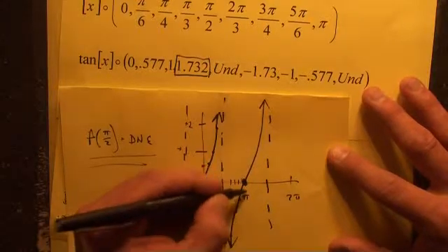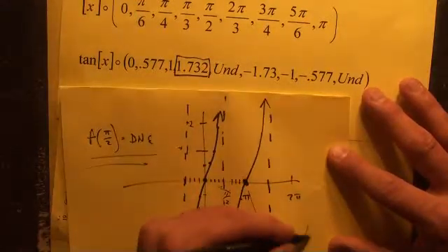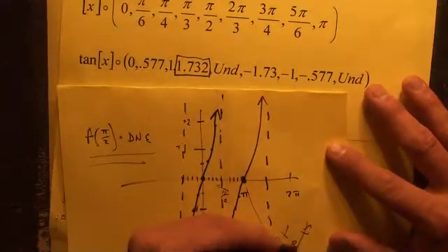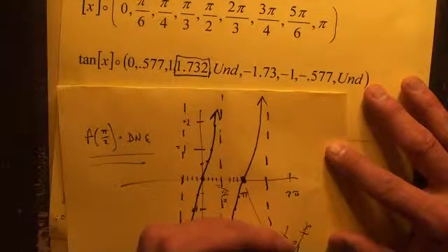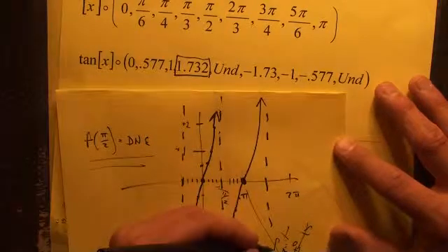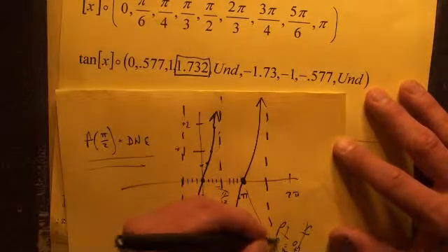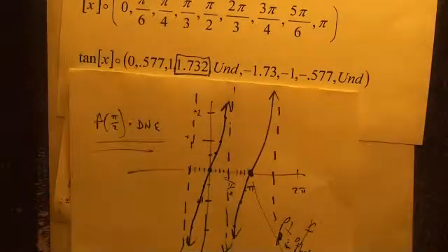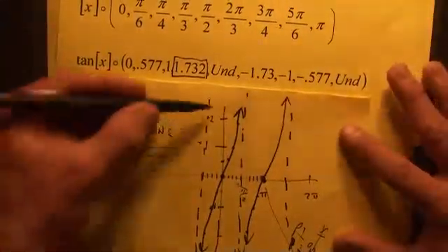This would be referred to as what's called a point of inflection, though. Similar to when you're doing a cubic function. So anyhow, this is tangent, and this pattern would continue all through.